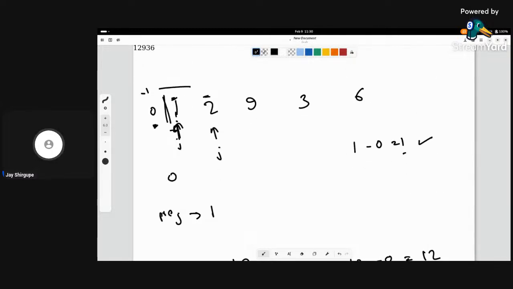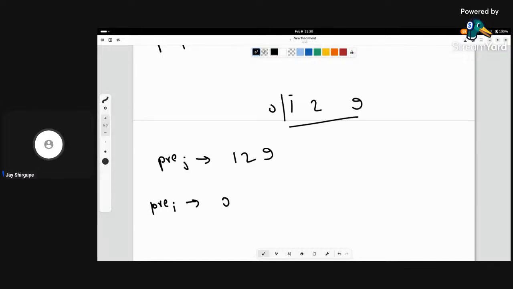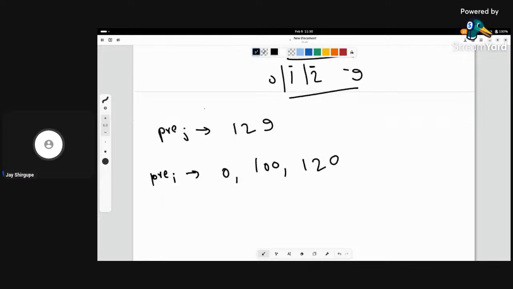Then you can fix your j equal to 9. In that case, 1 2 9, the prefix of j is going to be 1 2 9. And what are all the possible prefixes of i? Either you start from here, in that case you are only subtracting 0, or you start from this 2, in that case you are subtracting 1 0 0, or you start from 9, in that case you are subtracting 1 2 0.